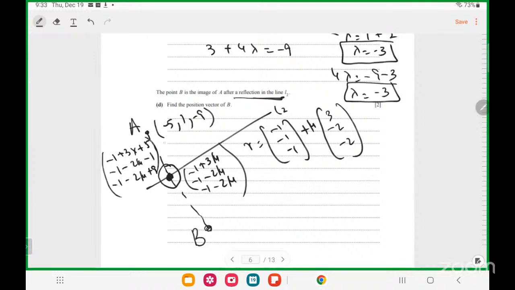So this directional vector turns out to be (3 mu + 4, -2 mu - 2, -2 mu + 8).